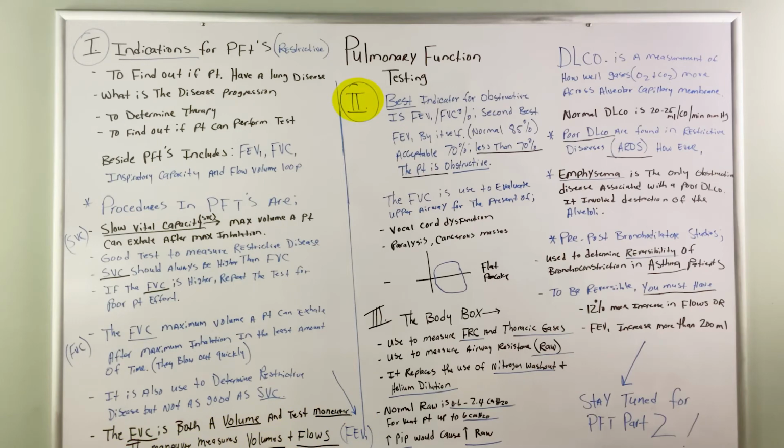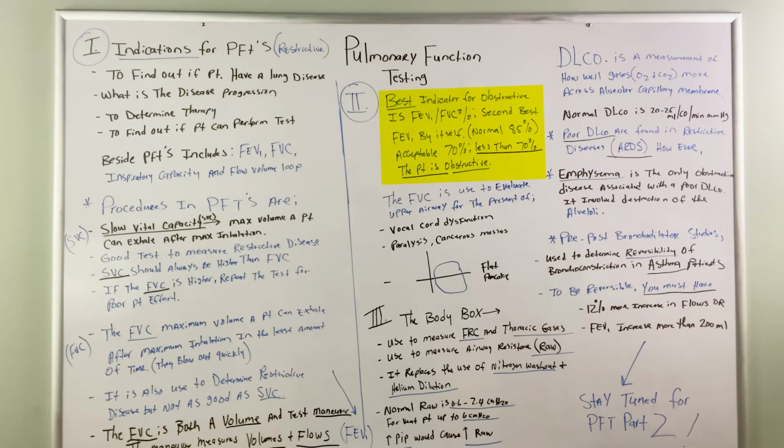In the middle of the board, Roman number 2. These are stats, facts, and ranges that you must know for the exam. Everything on this board you will see on the TMC exam. Now, the best indicator for obstructive disease, and we just talked about restrictive: restrictive, slow vital capacity, forced vital capacity. Now we're talking about obstructive. The best indicator is your FEV1/FVC percent.